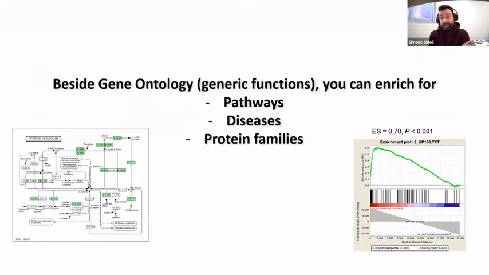Right. And then just as a reminder, there are many other databases and software that you can use to look for functional enrichment. You can enrich for pathways, you can enrich for diseases, you can enrich for protein families. These are just two examples. This is KEGG here on the left, and there are many software that use the KEGG database to look for pathway enrichment.